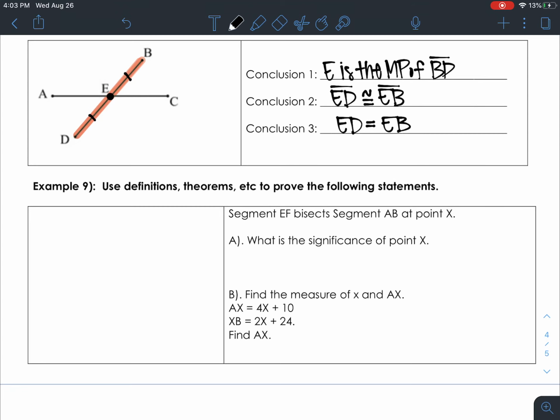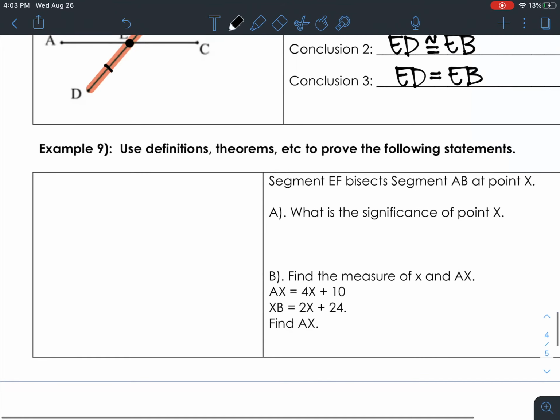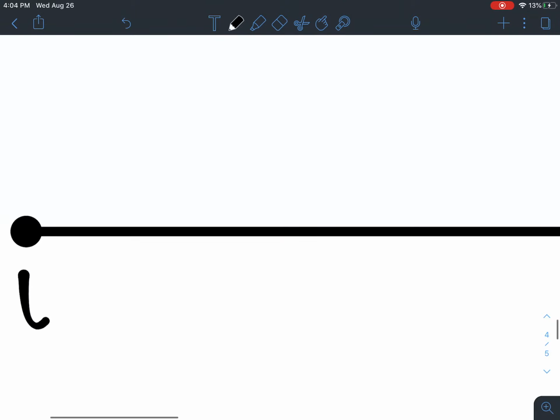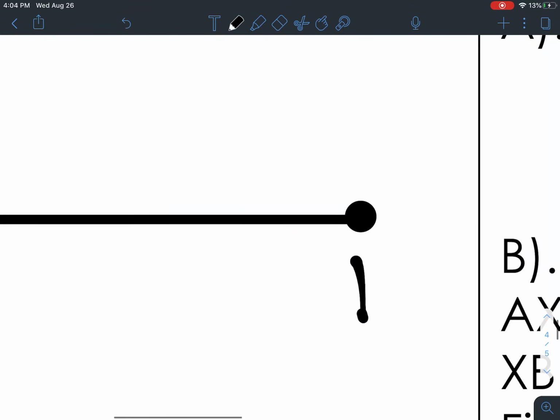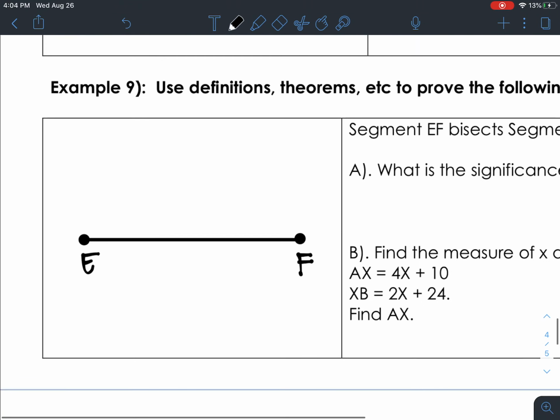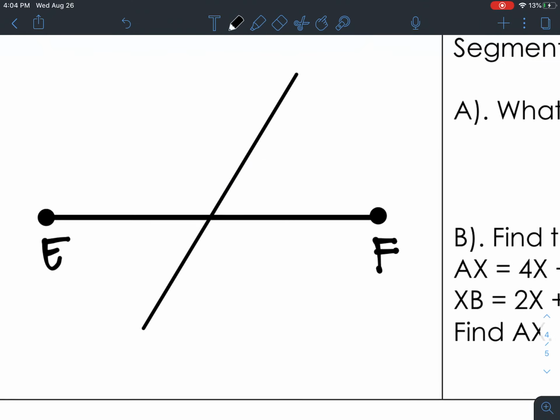All right, last question in here, guys. Let's go ahead and draw a picture. So I want you to start with segment EF. Okay, and AB is bisecting it at point F, or X, okay? So that means we're gonna draw this segment AB coming through there.